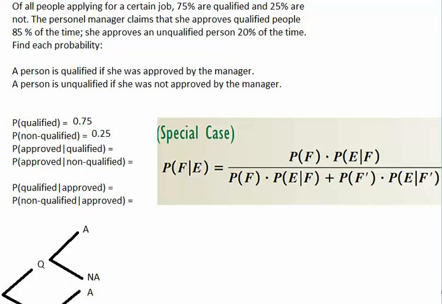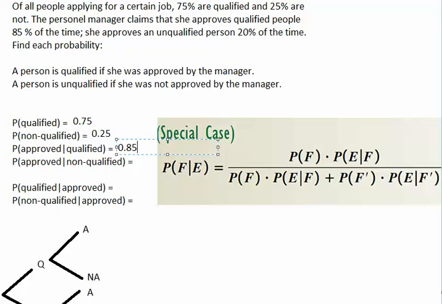Then we also know that the manager approves qualified people 85% of the time. What does this mean? This means that we have a probability of 0.85 for a person to be approved if it is qualified.